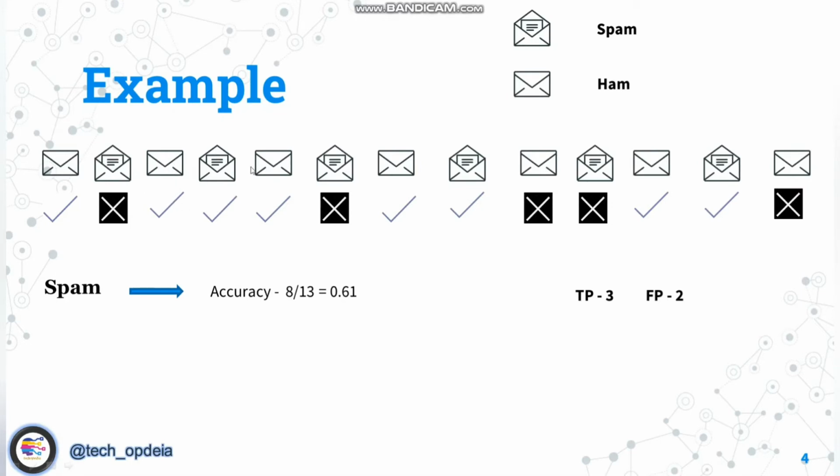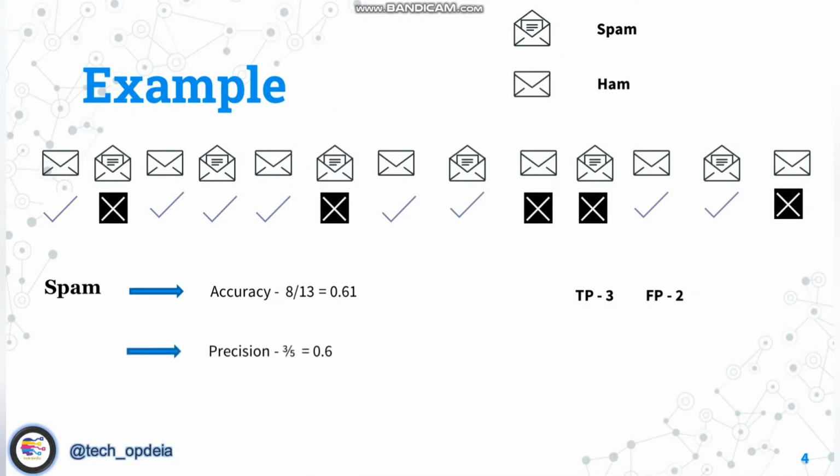So 3, 4, 5, 6, 7 and 8. So total 8 predictions have been correctly predicted by our model as spam or ham, divided by the total number of predictions. These are the 13 instances and only 8 are predicted correctly, ignoring the classes spam or ham.